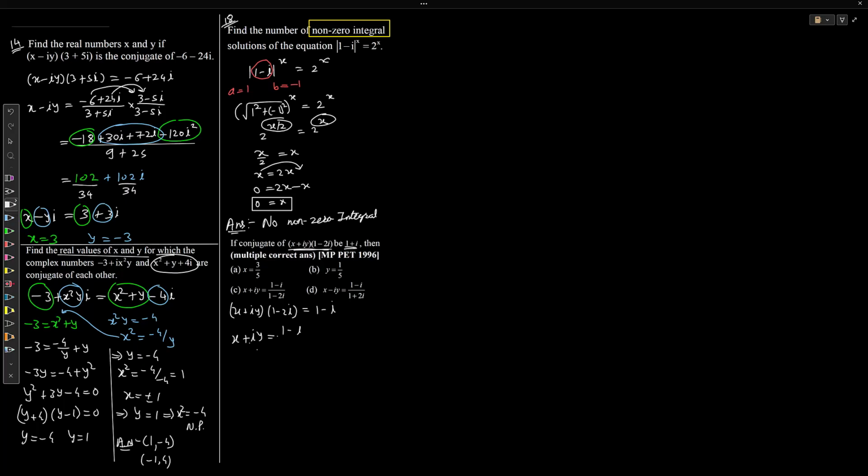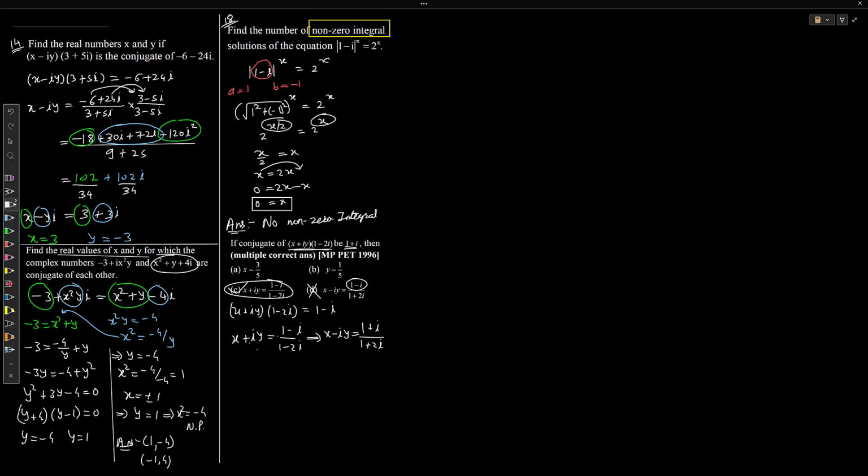So we'll get 1 minus i upon 1 minus 2y. That is option C. What about option D? To get option D, we have to take the conjugate on both sides. So we'll get x minus iy is equal to 1 plus i upon 1 plus 2y. Because of this 1 minus i, option D is wrong.